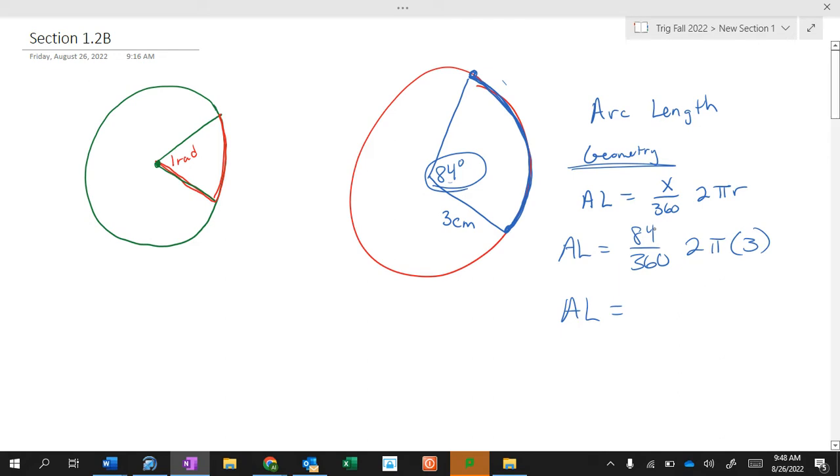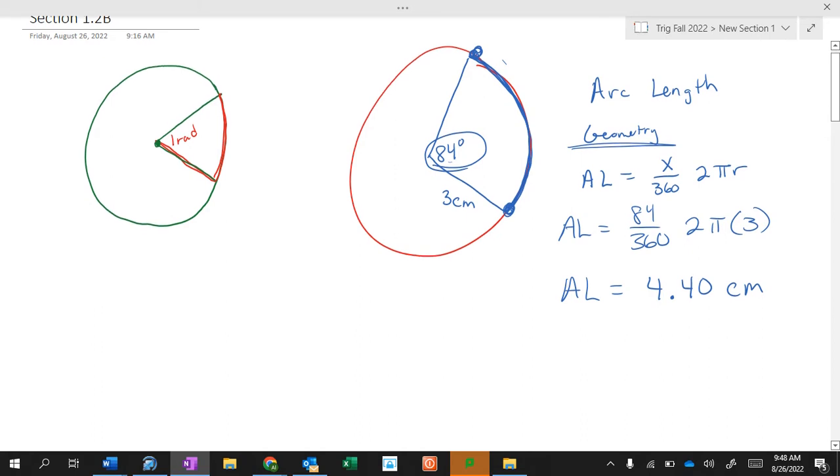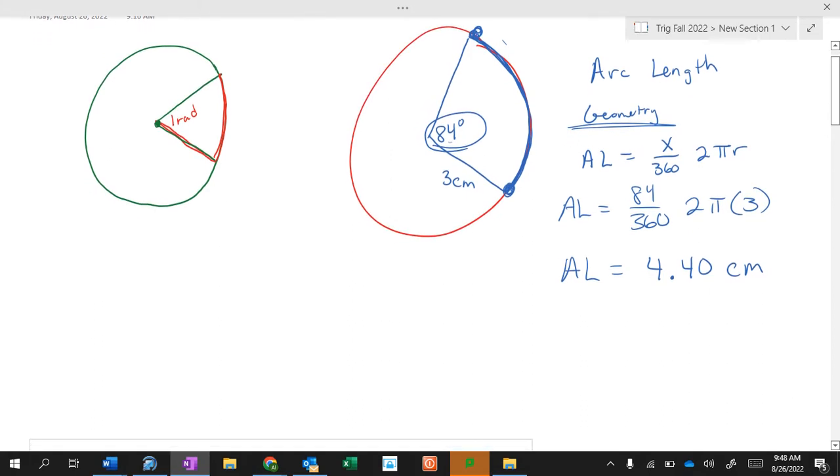What do we get? It should be like 4 point something, I think. 4.40. Thank you. 4.40 centimeters. That's how far it is from here to here. That's the geometry formula for arc length.